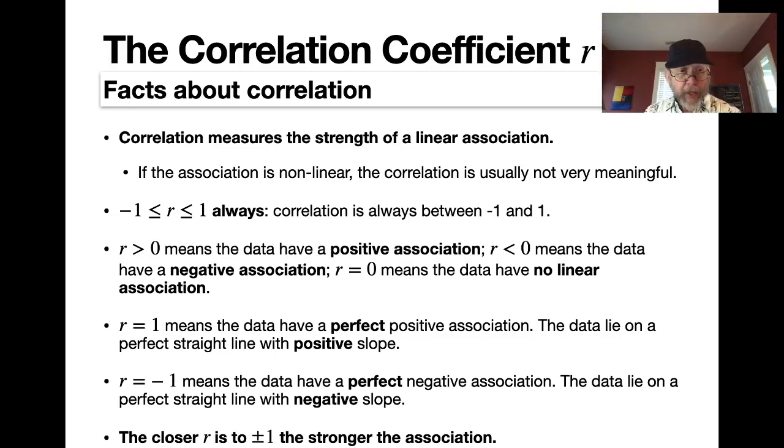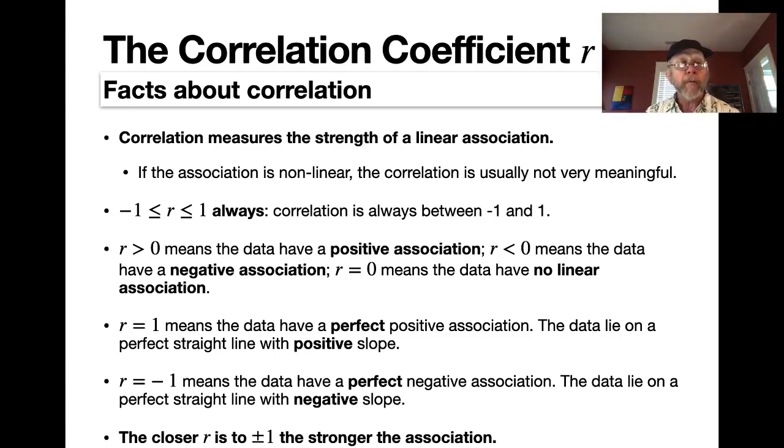As we said, correlation is always between -1 and 1, and at those extreme values of +1 or -1, correlation has some special meanings. If the correlation is exactly 1, that means the data have a perfect positive association. That means that the data points are all going to lie along a perfect straight line with positive slope. That rarely happens in the real world, but if it does, you'll get a correlation coefficient of +1.